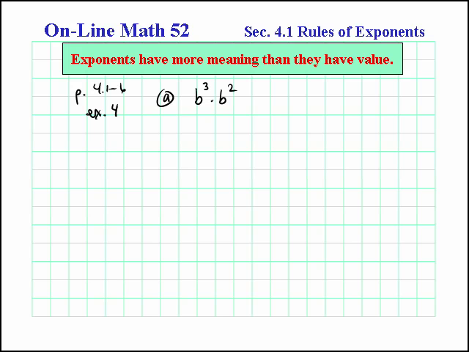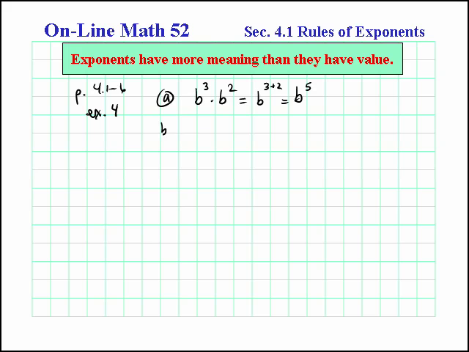And it's simply a matter of saying that this is equal to b to the 3 plus 2. Did I ever tell you that exponents have more meaning than they have value? I think I did. And so the meaning here is 3 factors of b times 2 more factors of b, a total of 5 factors of b. I made you wait for that one. You knew the answer anyway.